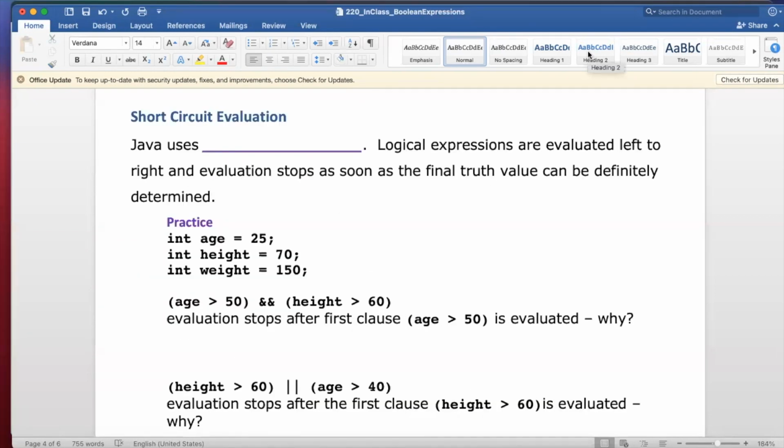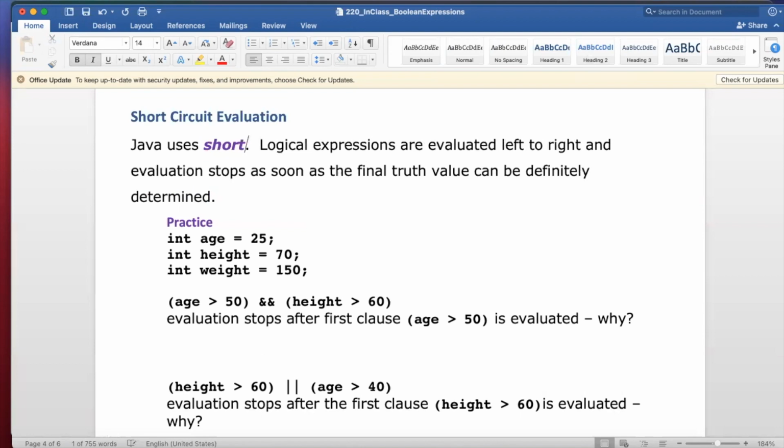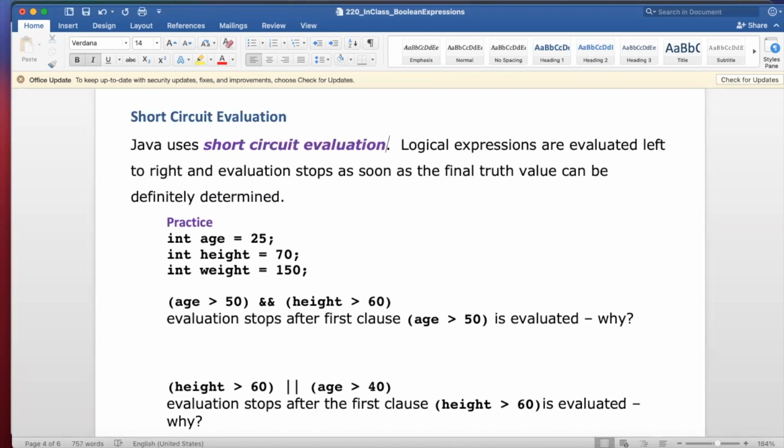Let's further investigate the rules that are used whenever Java evaluates expressions. Java uses a technique called short circuit evaluation as it's evaluating logical expressions. This means that logical expressions are evaluated left to right, and that the evaluation stops as soon as the final truth value can be determined definitively.